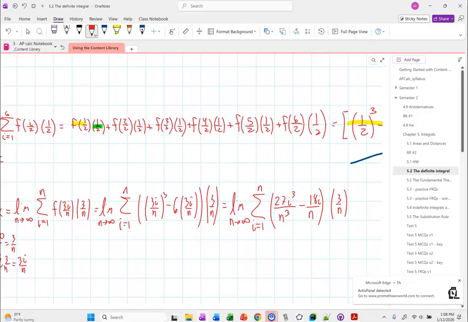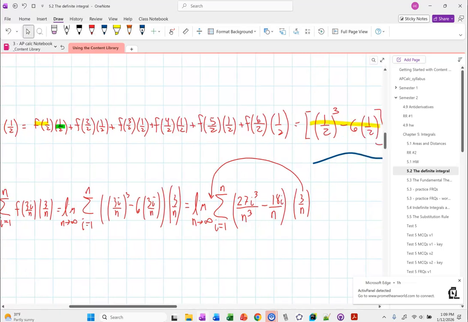Everybody feel okay still? So notice that there's no i's in this 3 over n, so I'm going to pull this out front of the summation, because in terms of i, it's a constant.